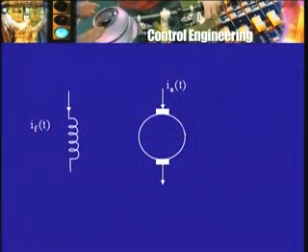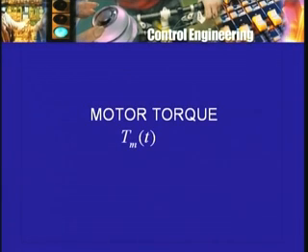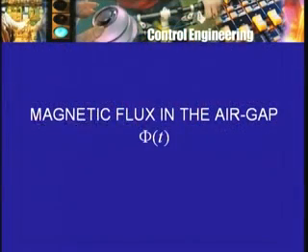There is no fairly standard symbol for torque, but again one can use the letter T to remind us of torque. The torque may also vary from time to time, and of course one may put the letter M to remind you of the motor. So this is the torque which is produced as a result of the interaction between the armature current and the field or the flux, magnetic flux, which is produced by the field current.